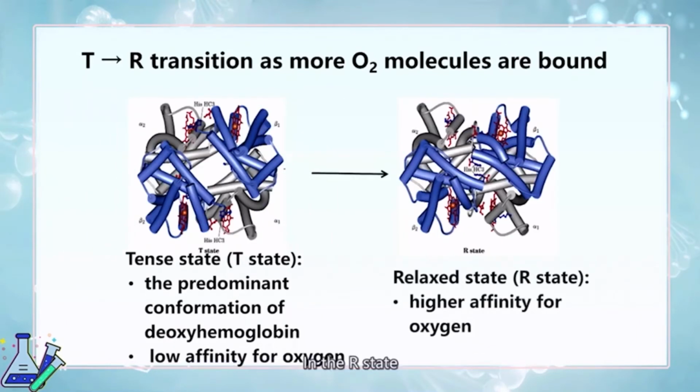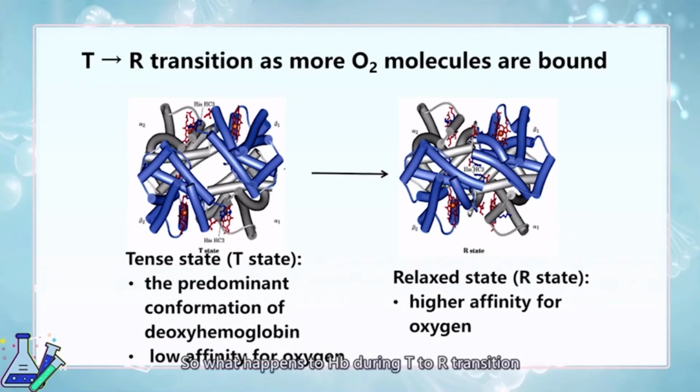In the R state, hemoglobin has a significantly higher affinity for oxygen. Therefore, hemoglobin undergoes a transition from a low affinity state to a high affinity state as more oxygen molecules are bound. As a result, hemoglobin has an S-shaped, or sigmoid, binding curve for oxygen.